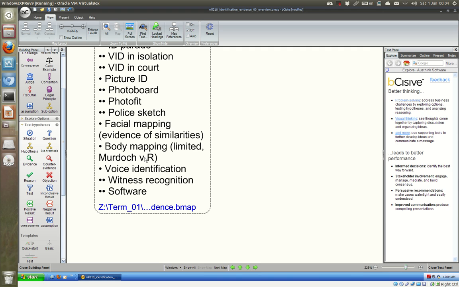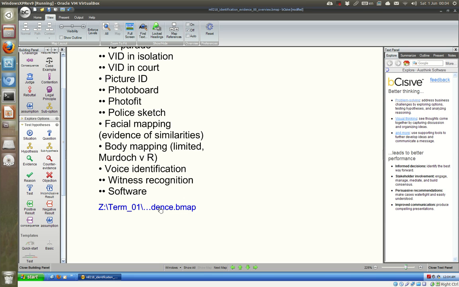If we are talking about voice identification, there are really two ways of going about it. One is with witness recognition, so either hearing the accused speak or hearing a recording of the accused speak, and there is also the possibility in some cases of using audio voice recognition software to make a match between two separate recordings of the voice of the accused.